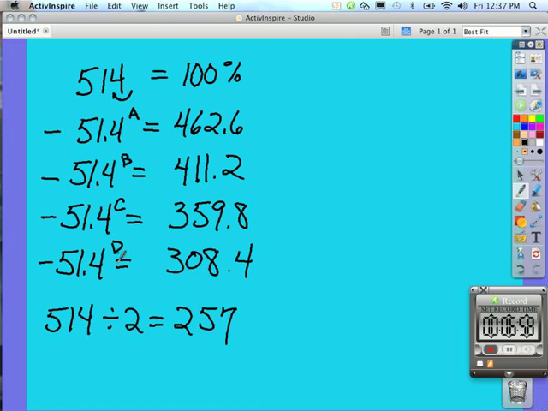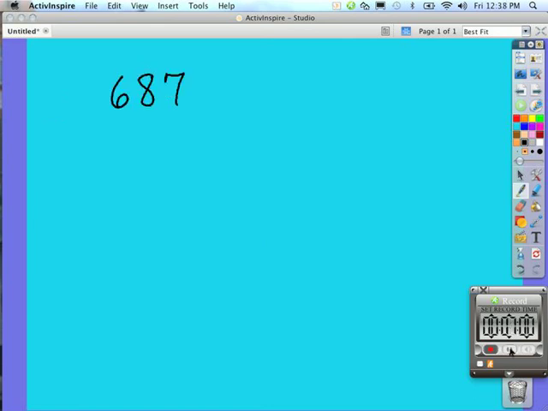And finally, if we take a look at the percentages for your grade, for example, let's say we have 687 total points, and you wish to find out what your grade is, and let's just say that you've earned 602 points, so you've got 602 out of 687.